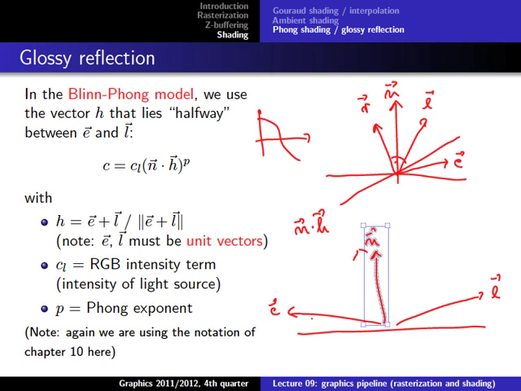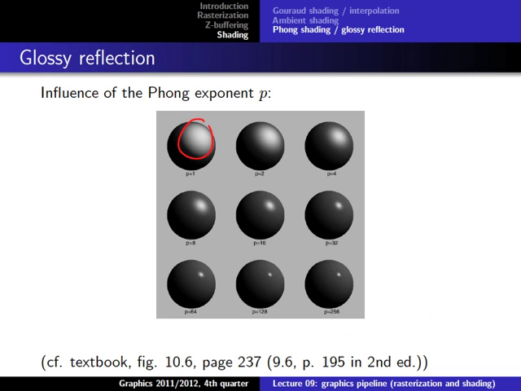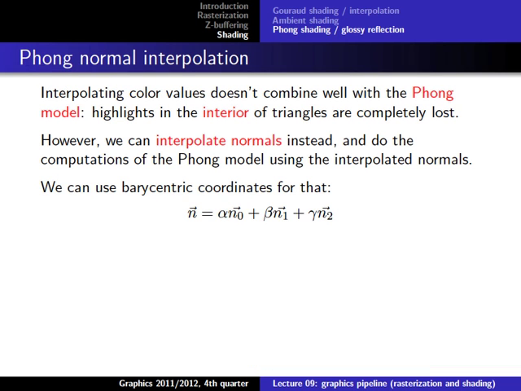So no matter how you construct it, the scalar product will always be positive. Good. And this is the Phong exponent, which I already explained.